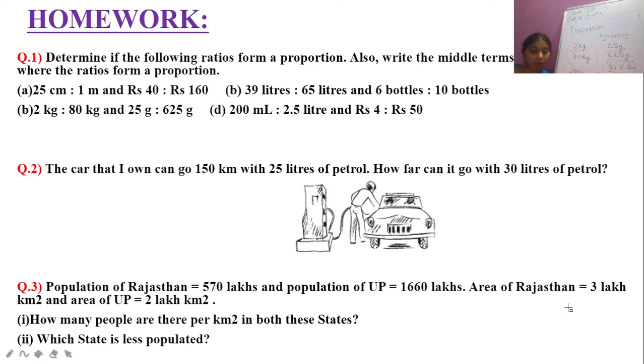And second, you have to calculate how many kilometers that car will go with that liter of petrol. And the population of Rajasthan and the population of UP are given to you, and the area is also given. So you have to calculate how many people are there in which state, and which state is less populated. So these are the 3 questions for homework.